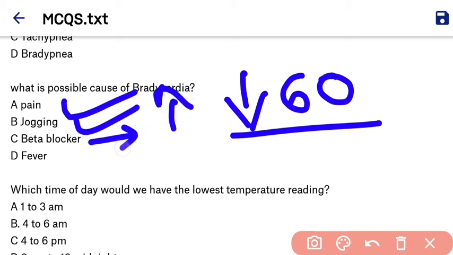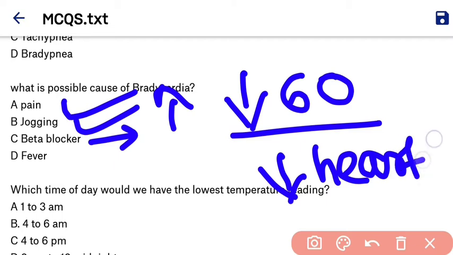Then beta blockers like propranolol, which decrease the heart rate. So here our right answer is C, beta blocker, which is a possible cause for bradycardia. Okay, and other options like pain, jogging and fever are possible causes for tachycardia.